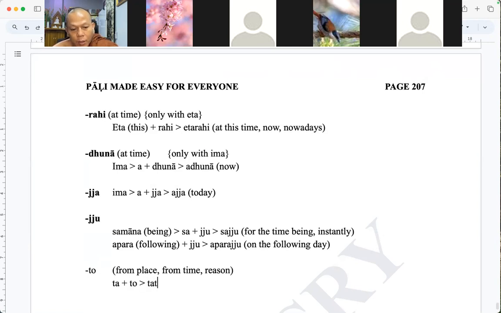So we have that door. So that door means from that place, or there from. And also from that time, from that time on, and then for the reason, so therefore, in this way also.